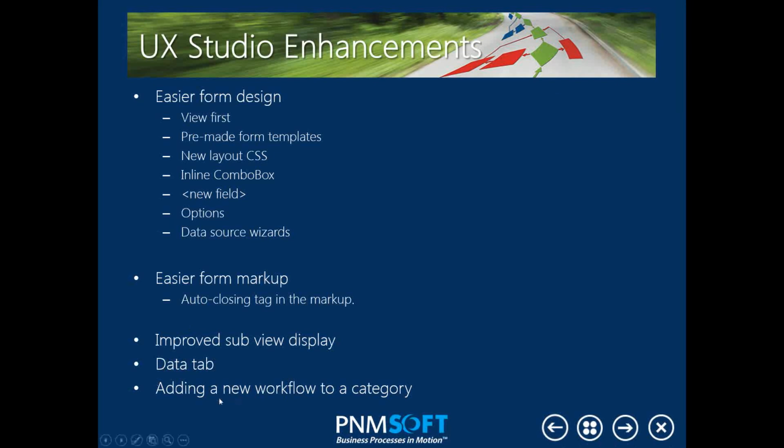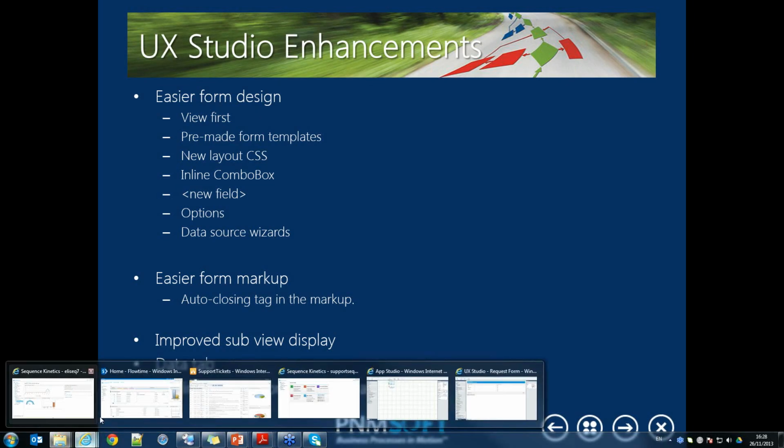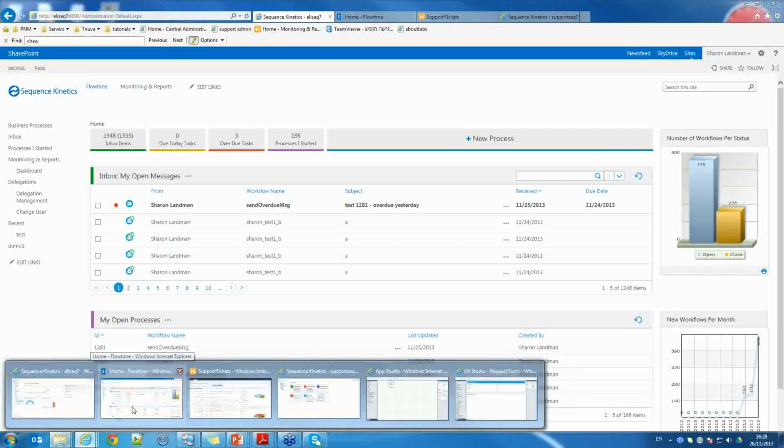Now let's talk about adding new workflows to a category. It actually relates to order. In our work environment, often we would like to keep it in order. So we can categorize workflows according to their meaning, according to their users, according to their process.